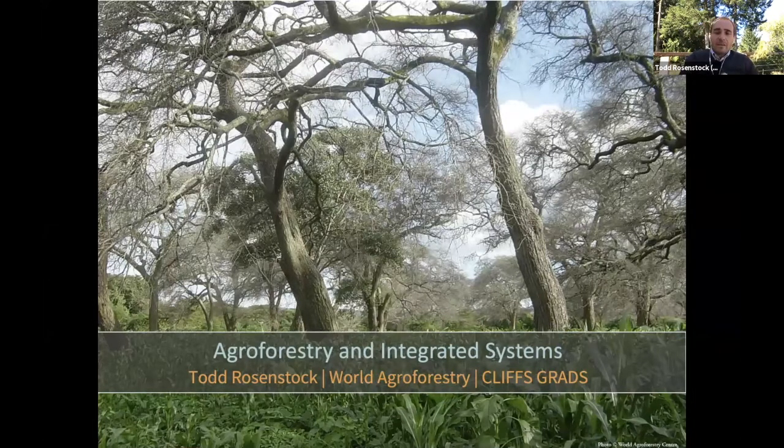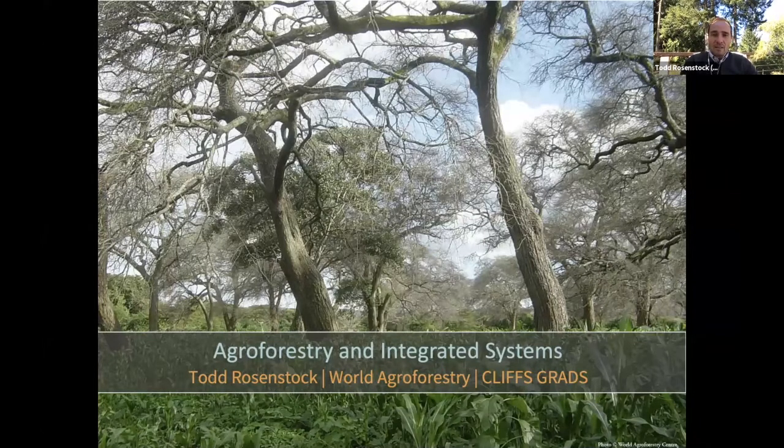Over the next 5 minutes, I'm going to try to convince you that really integrated systems are everywhere. At the same time, they're nowhere. This means, and because they're integrated systems, they're much more complex than the sort of more simplified, straightforward systems that people are largely doing greenhouse gas work on.